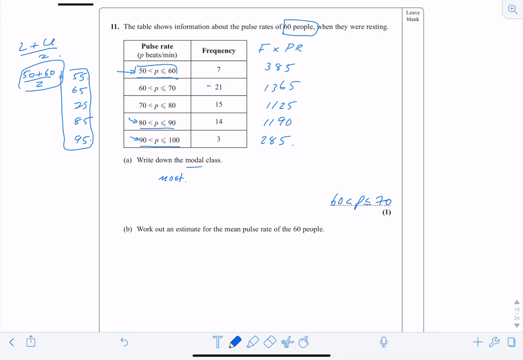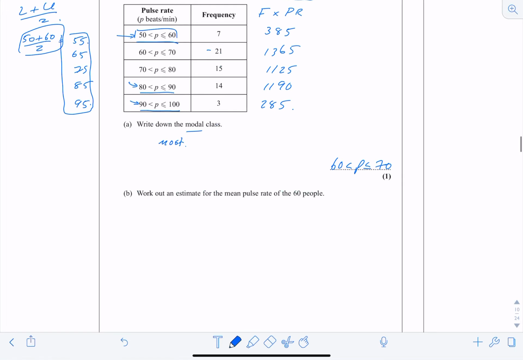And then I'm going to add them all together, and I'm going to divide by 60. So I'm going to get 385 plus 1365 plus 1125 plus 1190 plus 285, and I'm going to divide all of that by 60.